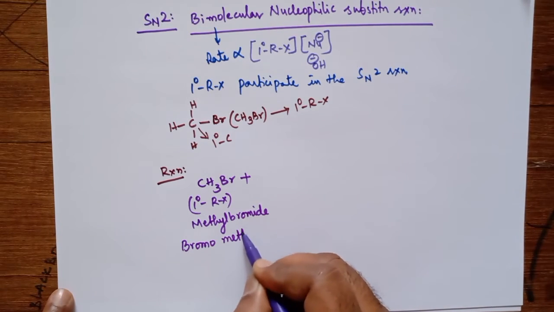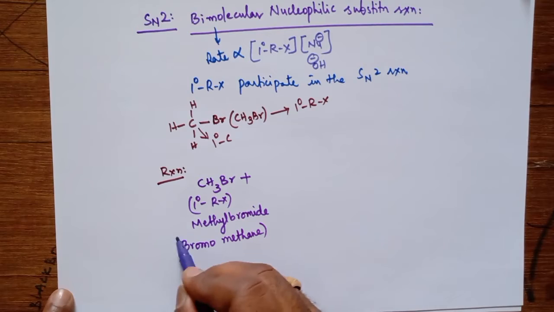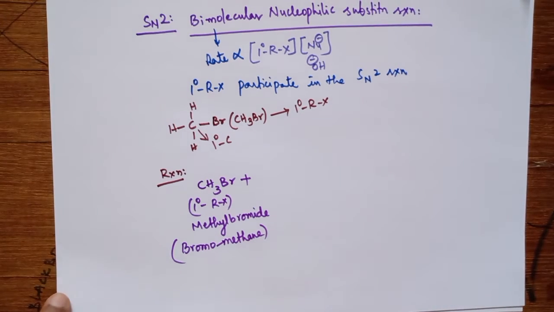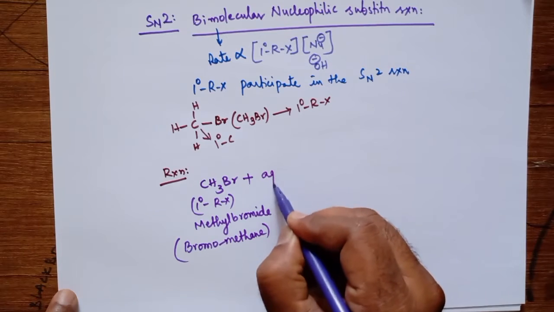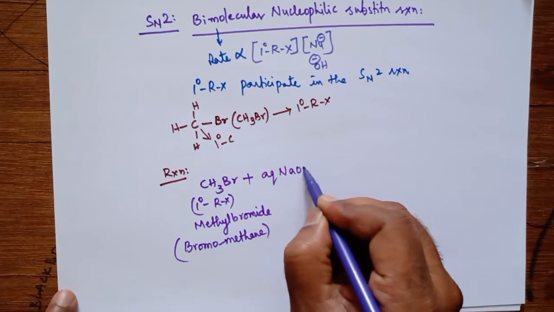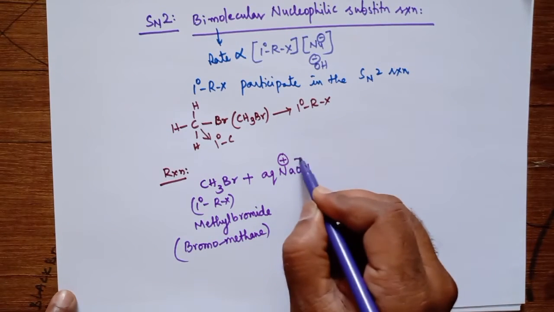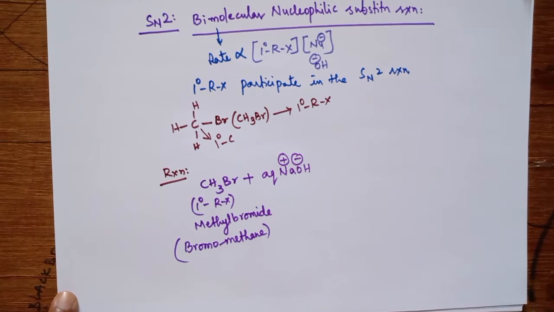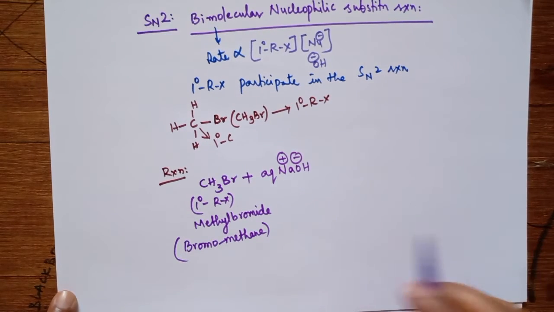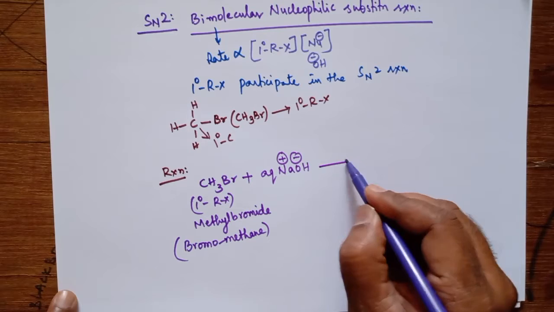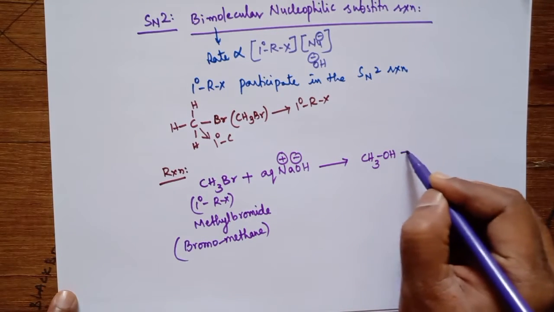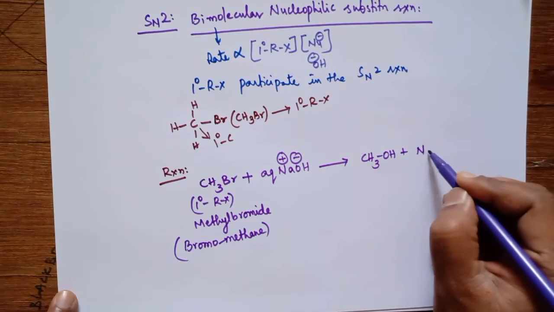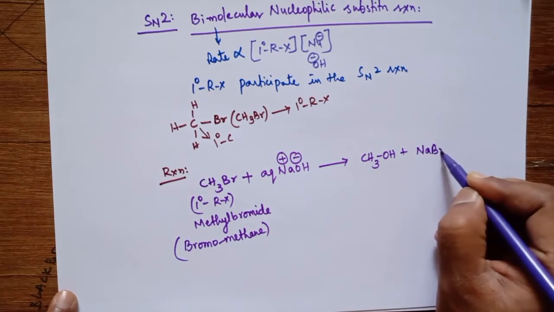Bromomethane. Chloromethane, bromomethane, right? When it reacts with aqueous NaOH, you have to use aqueous NaOH. If you use alcoholic NaOH, elimination takes place. So the reaction forms CH3OH plus NaBr. This one is the reaction.